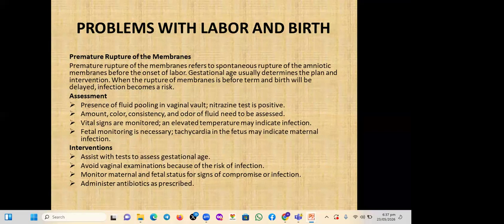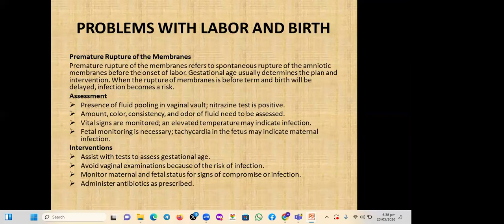All right. So we are looking at some of the problems or complications that could occur during labor, and how we're going to manage them. So, problems with labor and birth. That is what we are doing now. The first thing we'll look at is premature rupture of the membranes.